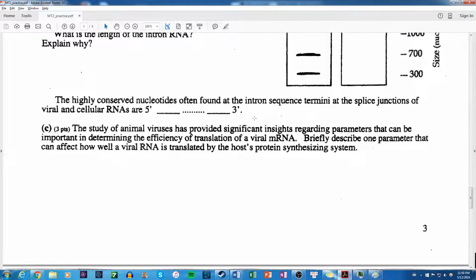If you have secondary structures on the mRNA, for example, a stem loop structure, then that will decrease translation. The other answer you could have put is in the context of the AUG. If your AUG is surrounded by purines, then the translation is going to be more efficient. If it's surrounded by pyrimidines, then the translation would be inefficient.